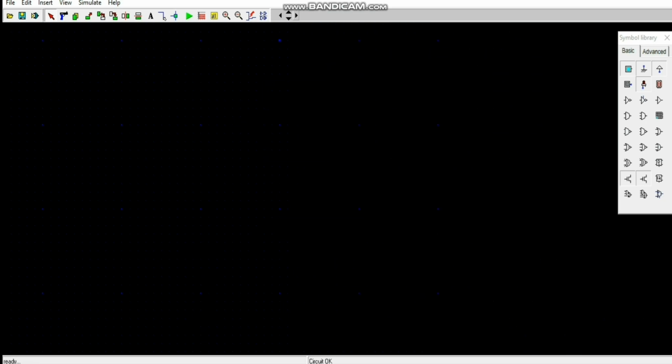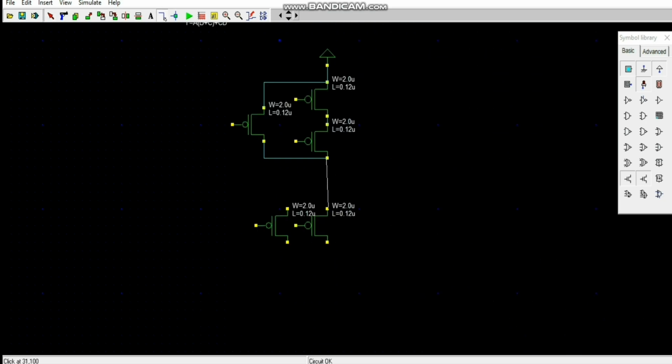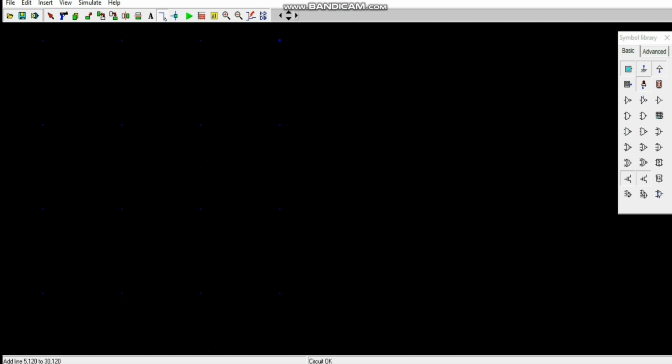C and D are multiplied, so they will be in parallel to each other. They together will be in series to the previous terms as it's getting added.